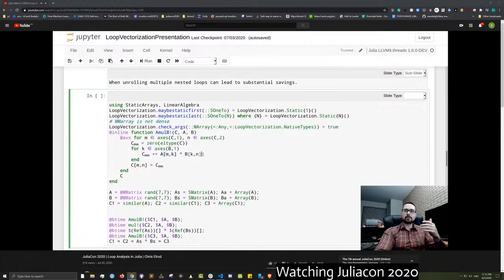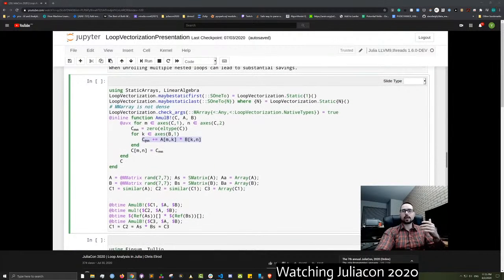So if we look at this matrix multiplication example, we have here an inner loop where this FMA operation of A times B plus C depends on all three loops, but loading from A does not depend on N, and loading from B does not depend on N.